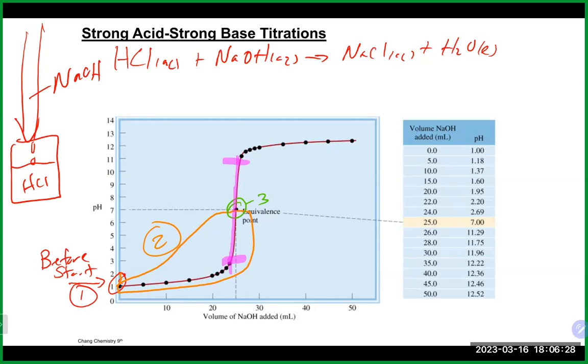So what that means is, does it take a lot of volume to change the pH a lot? If you're going vertical at this point, does it take a lot of volume to change the pH? No is the answer, yes? And this is why when you do a titration and you add 1 drop and it goes from colorless to super dark pink, it doesn't take that much to change the pH.